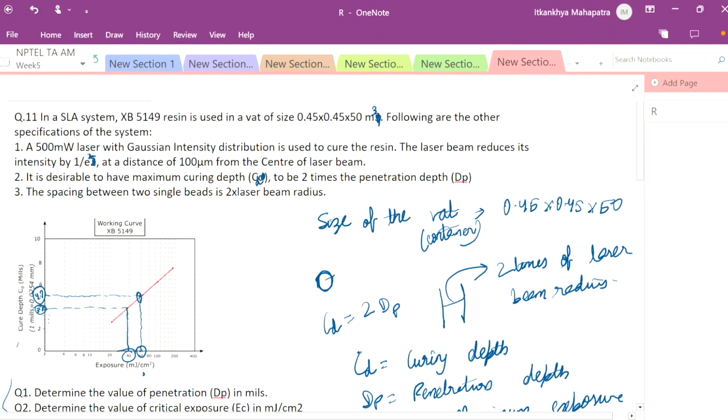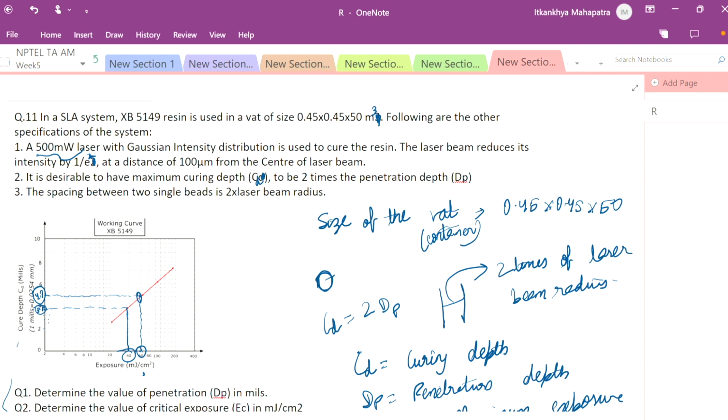So I'll just recap that we have been given a container size having the volume, and we have been given a laser beam power. This will also be required further. The laser beam reduces its intensity by 1 by e square at a distance of 100 micrometer from the center of the laser beam.